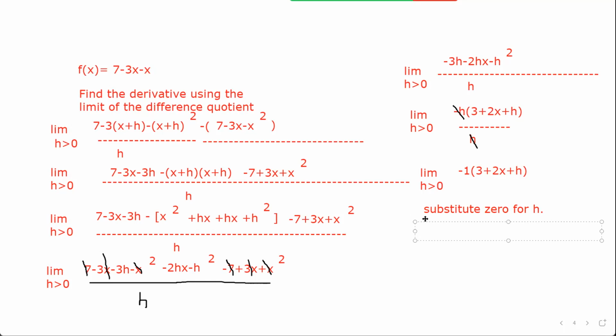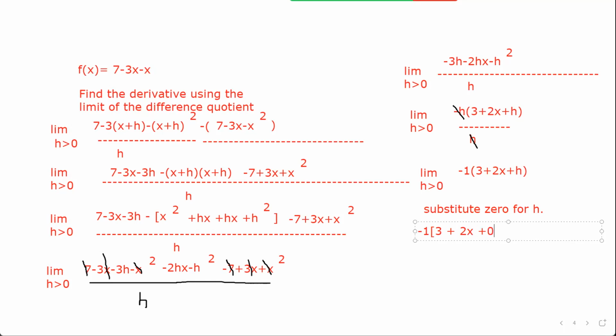So this is going to be -1 times, and I'll use a bracket just for visual, 3, there's no variable attached. That's still 3, right? Plus 2x. And I'm substituting 0 for h.